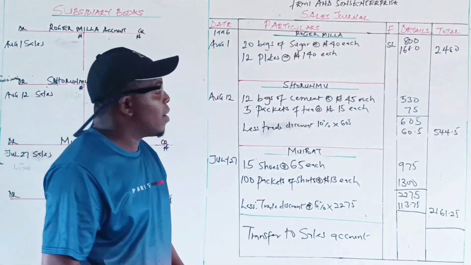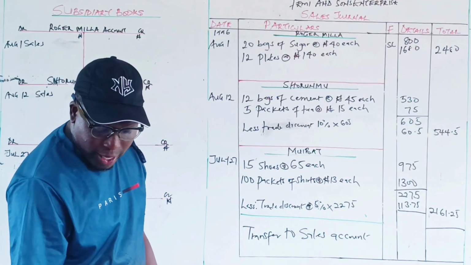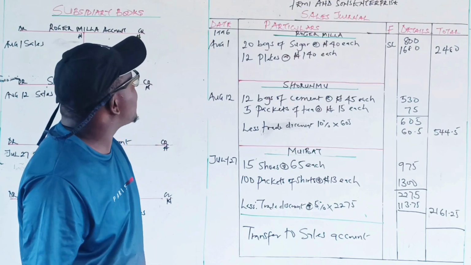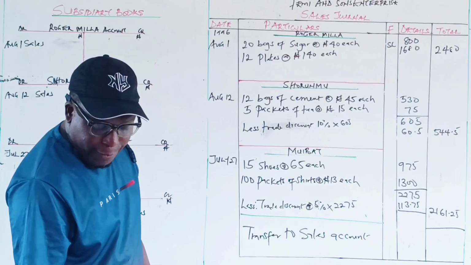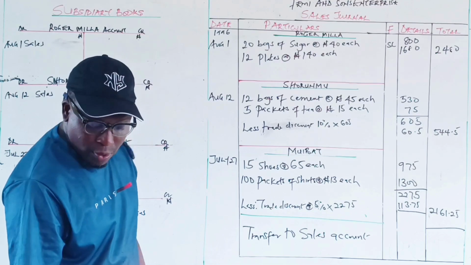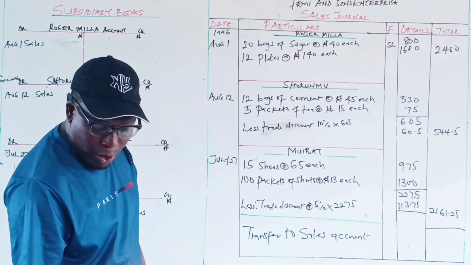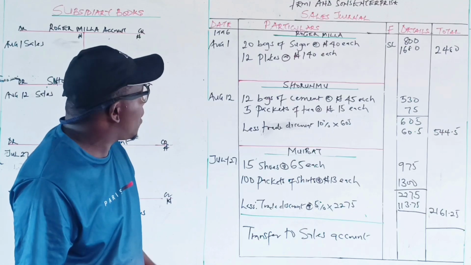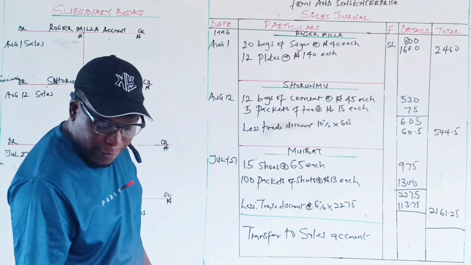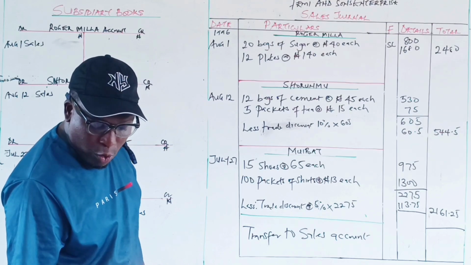Having done this, we now move to the total column and add up all the totals for each of the transactions that were recorded. So for Rojamila, we have 2,480. For showroom, we have 544 naira 50 kobo. And for Moibas, we have 2,161 naira 25 kobo.